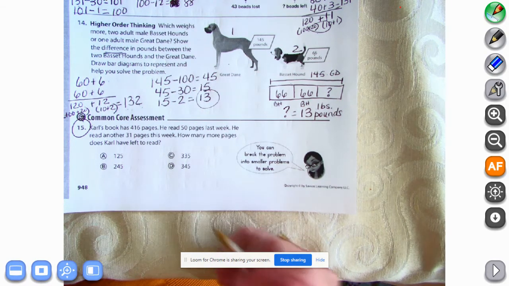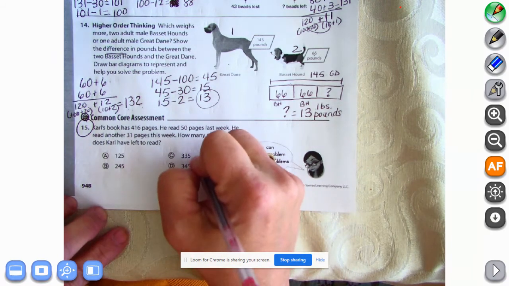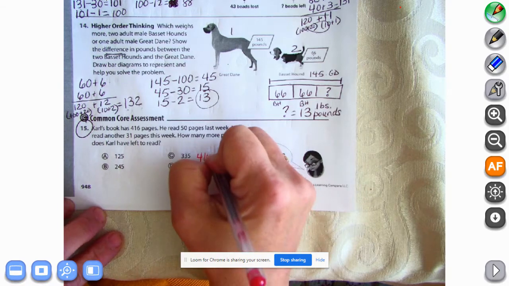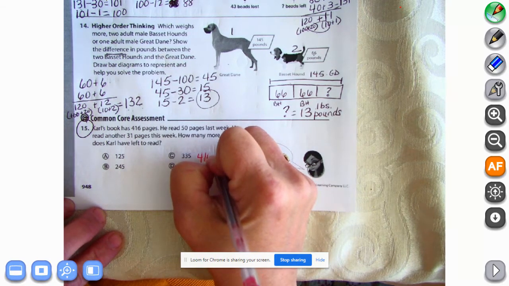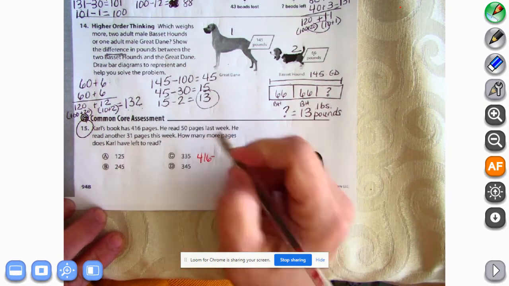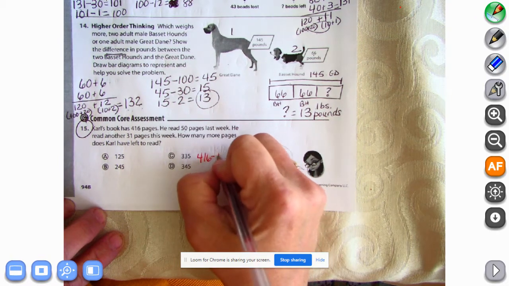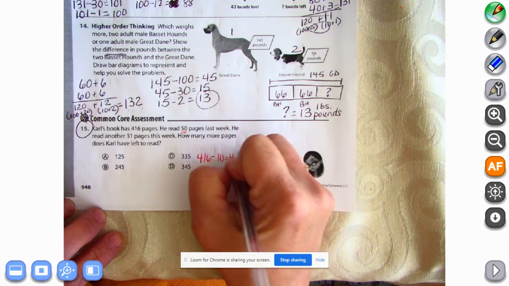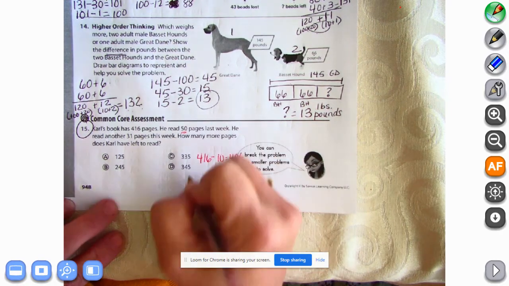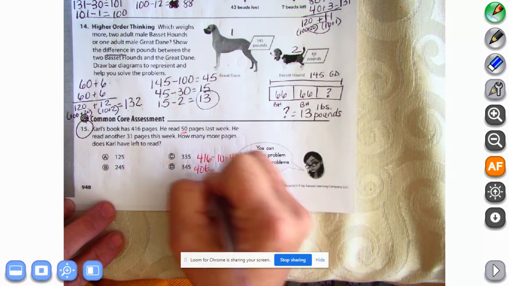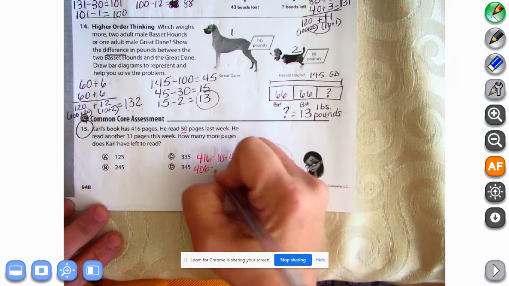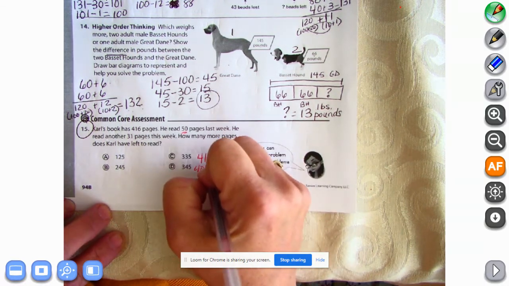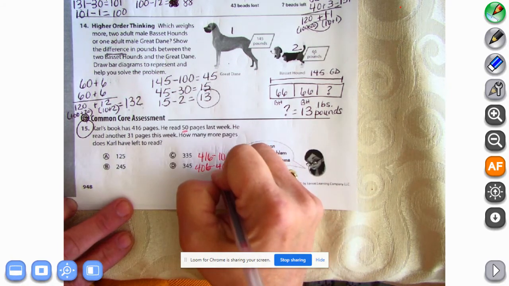Okay. So let's go with our 416. Let's take away 10 because we have 50 right here. That's going to leave us with 406. 406, take away 40. Okay.